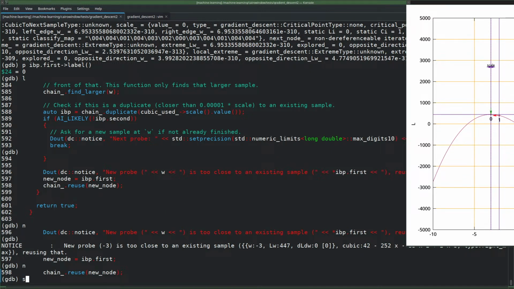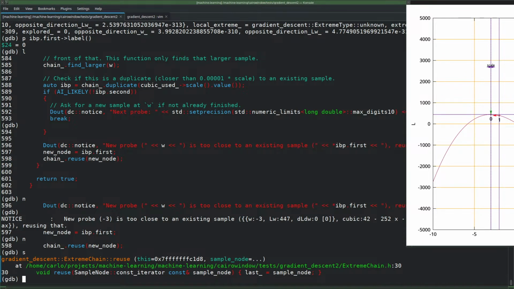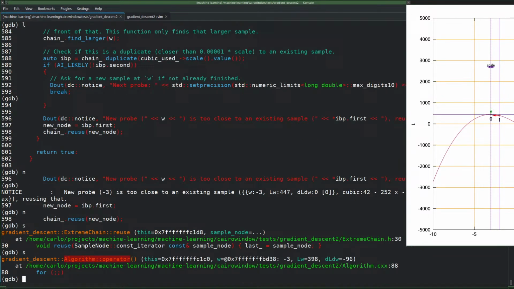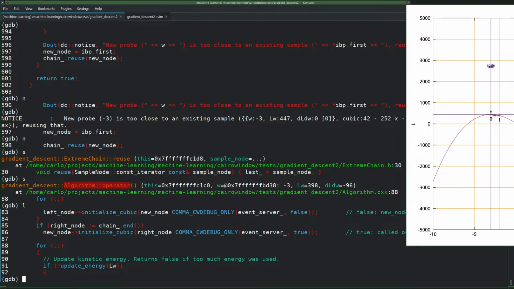What does reuse do? So it's just lost to sample node. Okay, so lost is updated. Go to the top.